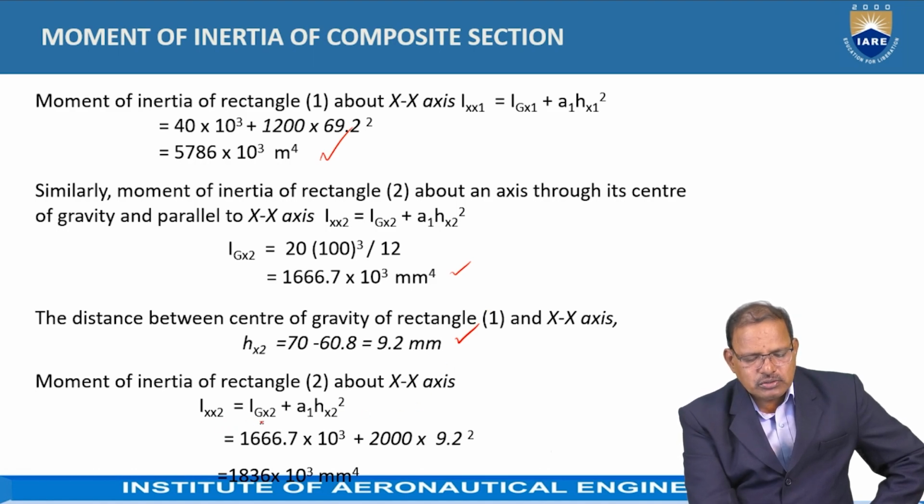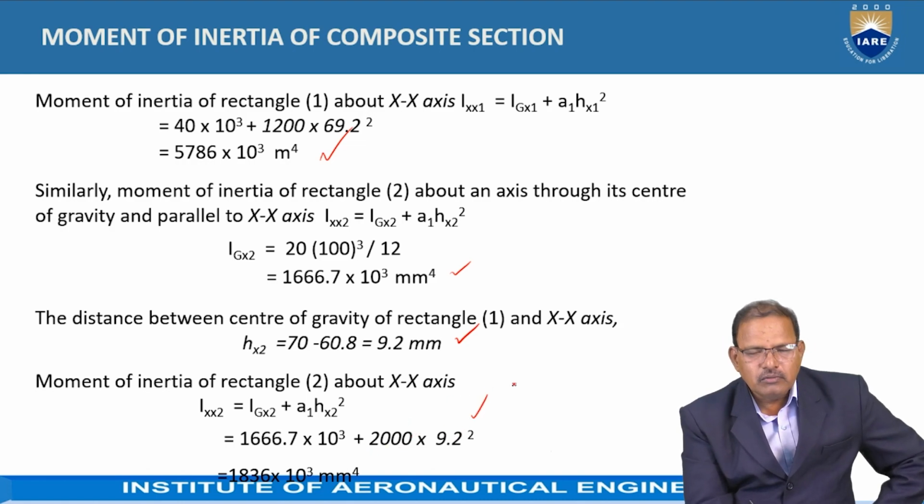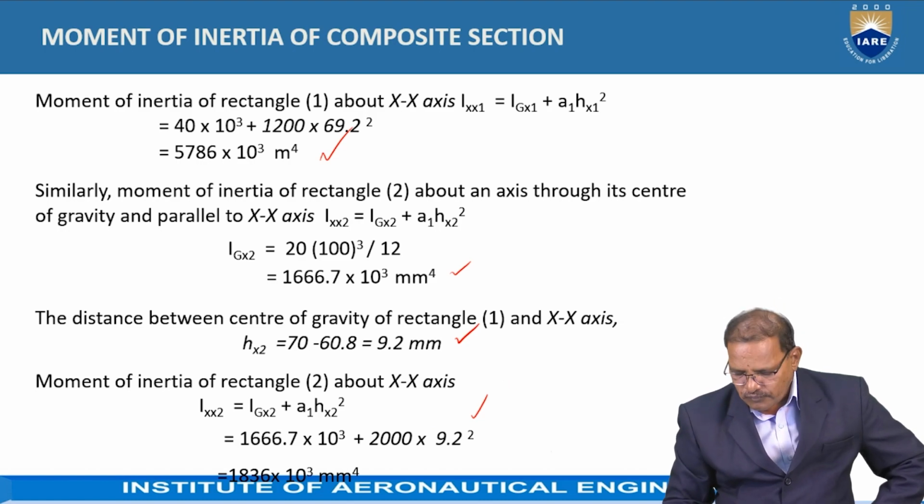Ixx2 is equal to Igx2 plus A2 hx2 whole square, according to the principle, 1666.7 into 10 to the power of 3 plus 2000 into 9.2 square, which is equal to 1836 into 10 to the power of 3 mm to the power of 4.